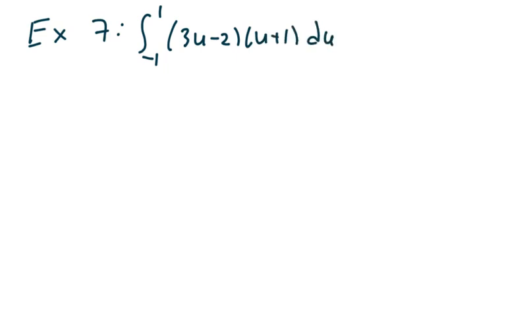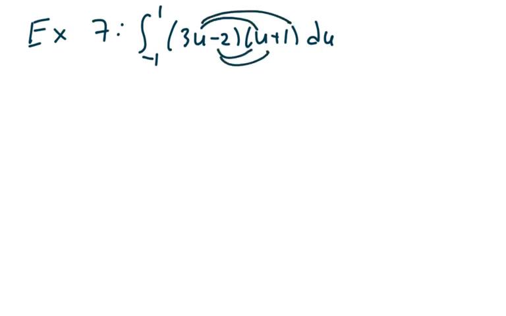So let's do example 7. Suppose I give you something like this. The integral from -1 to 1 of 3u minus 2 times u plus 1 du. So we got to multiply this out. It should be your first reaction.